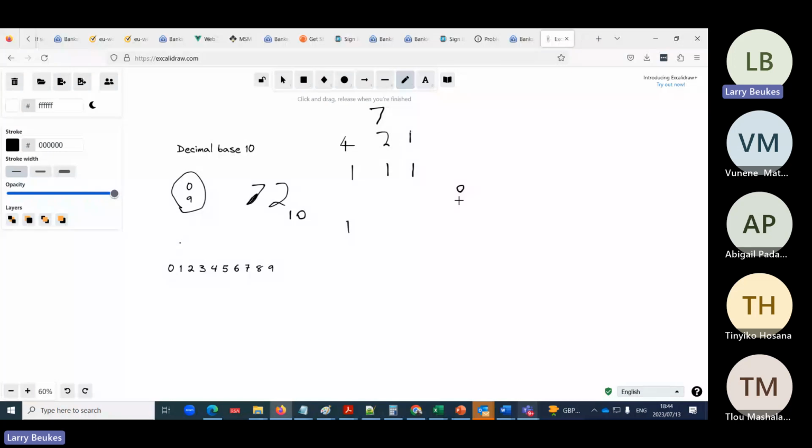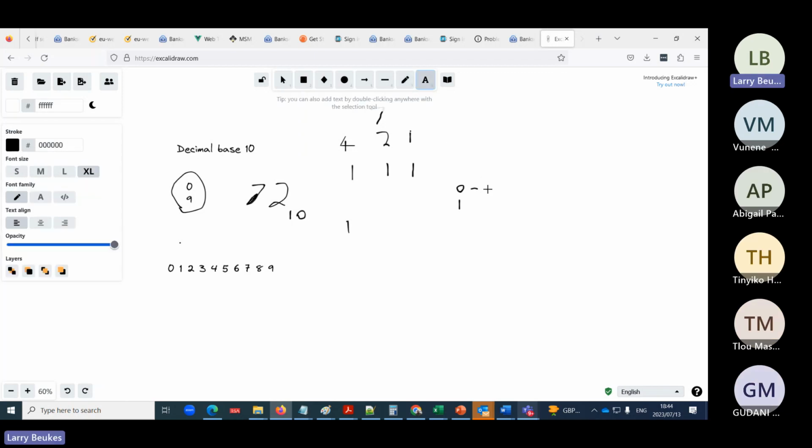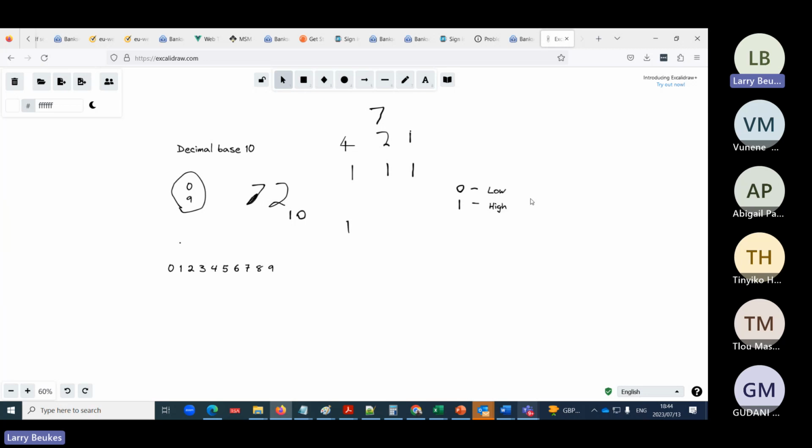Which is 0 or 1. So 0 simply means it's low, and 1 is high. But what do you mean, sir, by low and high? High is simply switching on the light, right? If a bit is present, your light is on.